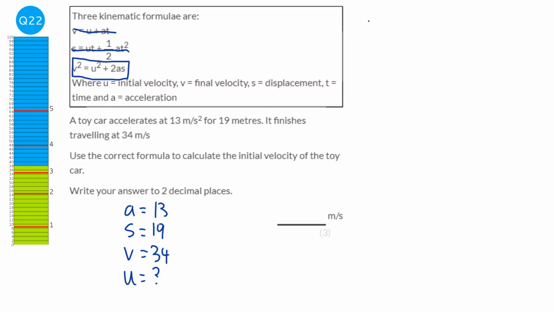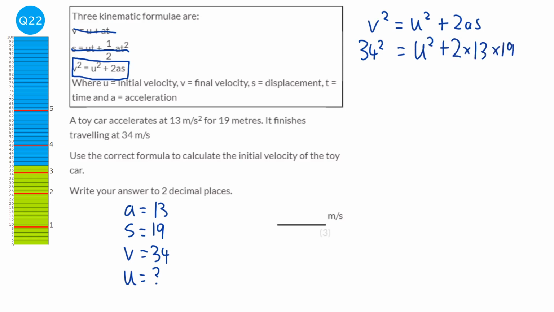So let's write that out. v squared equals u squared plus 2as. So that would be 34 squared equals u squared, because that's the one we're looking for, plus 2 times 13 times 19. Okay, so let's just work these parts out.